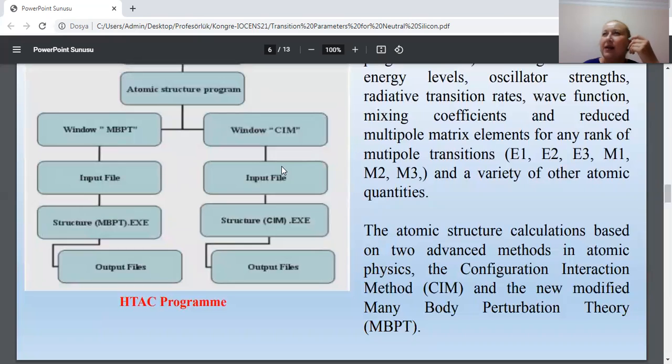Mostly we can find atomic programs on relativistic configurations and relativistic Hamiltonian, and some of them on non-relativistic Hamiltonians. But in this program, we can use both of them.